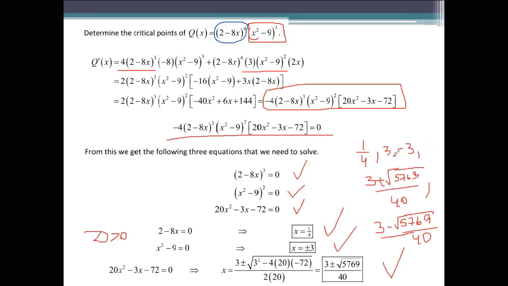So how many? 1, 2, 3, 4, 5. We have 5 critical points of the given function.